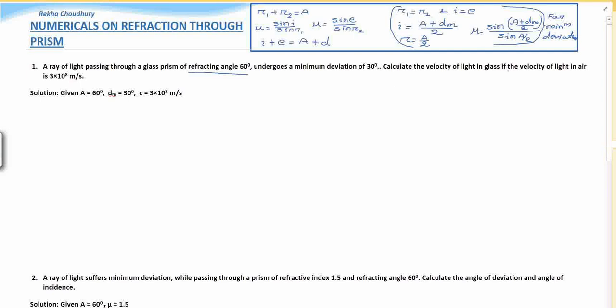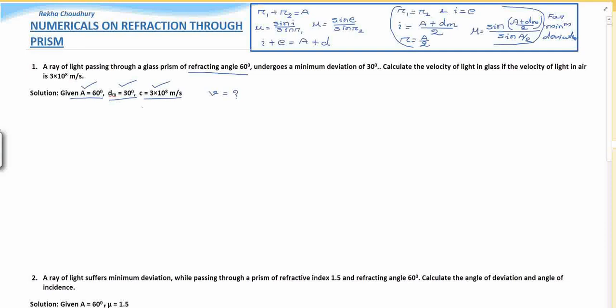Calculate the velocity of light in glass if the velocity of light in air is 3 into 10 to the power 8 meter second inverse. So here given, angle of prism is 60 degree, angle of minimum deviation is also given, that is 30 degree, and the velocity of light in air medium is given. So we have to find the velocity of light in glass medium.